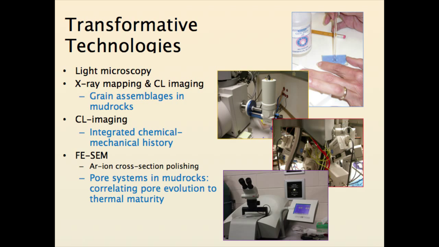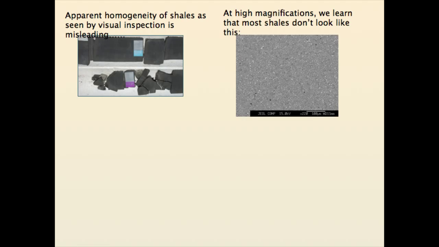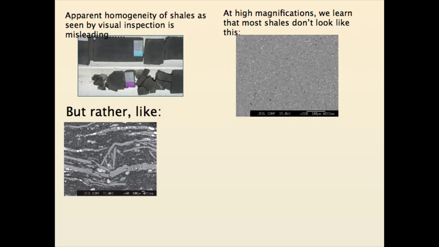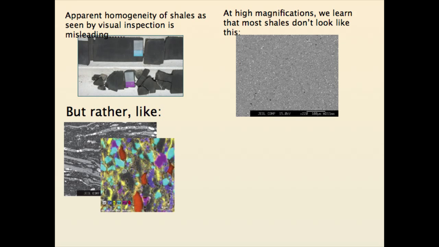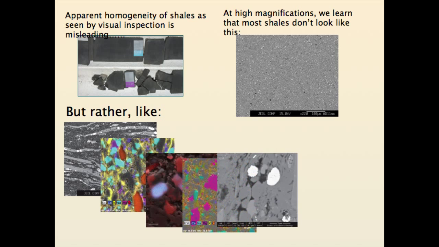And I think there's just tremendous potential to make our quest for exploration models a really tractable problem. And so, to sum up, we know that mud rocks look like this, but up close, they don't in fact look like this, but rather they have this tremendous diversity, and we can assess that diversity by looking at the rock.